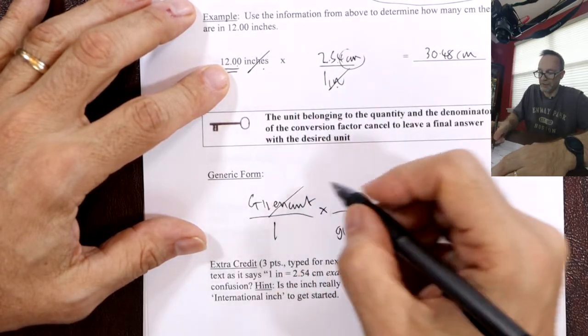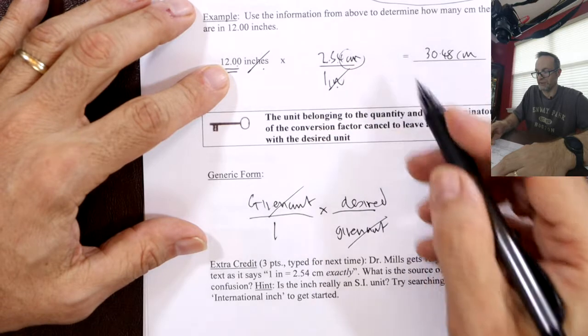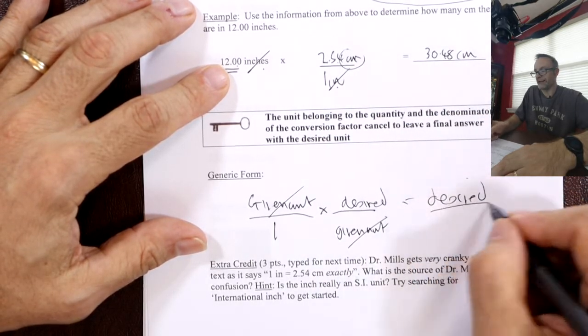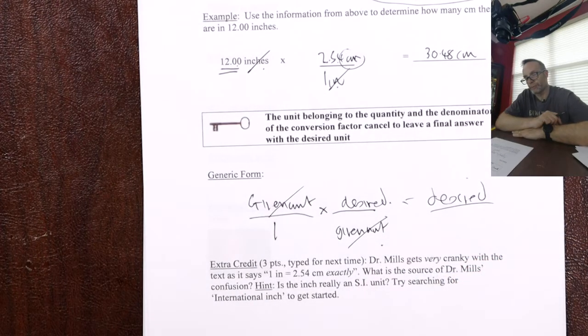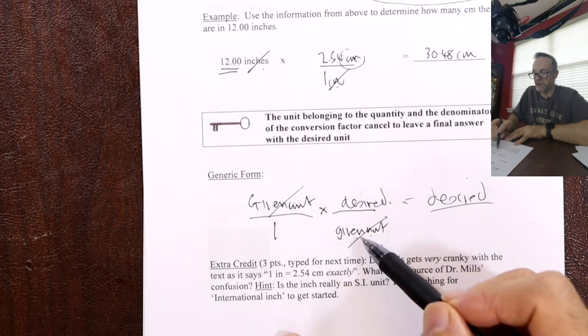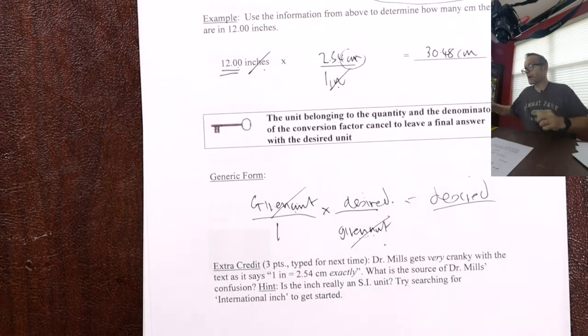So it cancels, right? And then the desired unit up here, and it doesn't cancel. I want to keep centimeters, right? And I get desired. So that's your dimensional analysis, right? The thing at the top stays, the thing at the bottom cancels. All right, and we're going to set these up the same every time. The thing we want to convert from is on the bottom, the thing we want to keep is on top. Okay. All right.